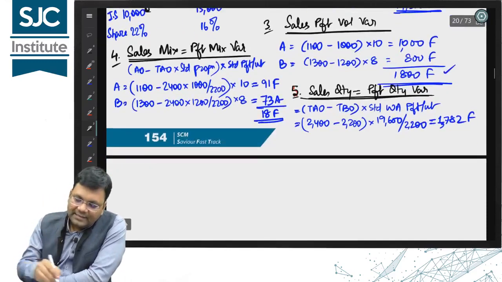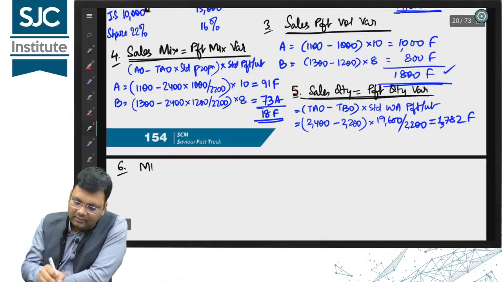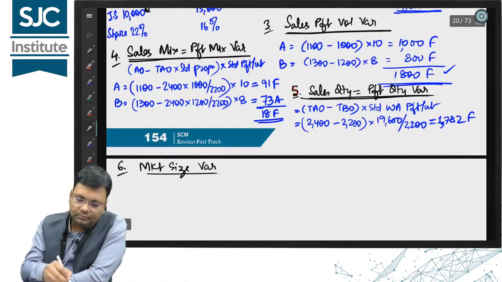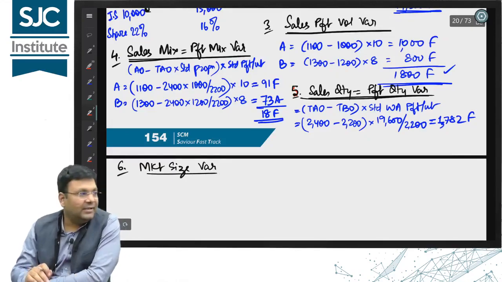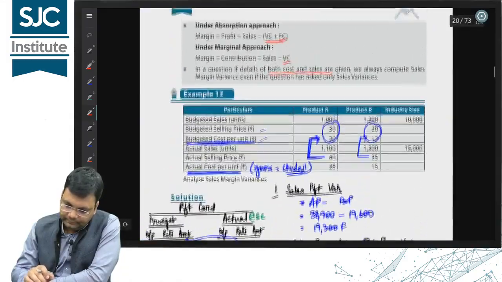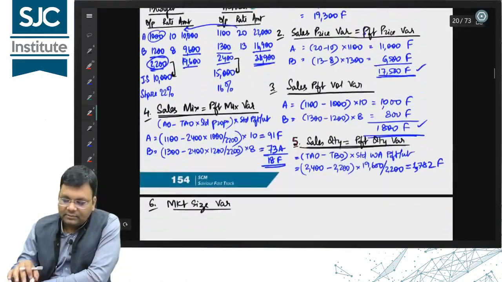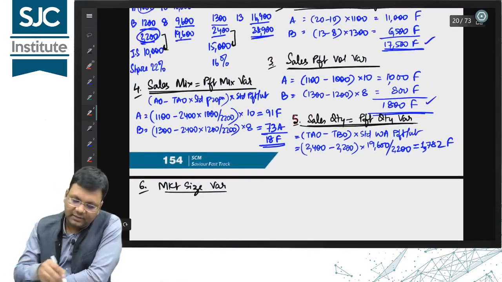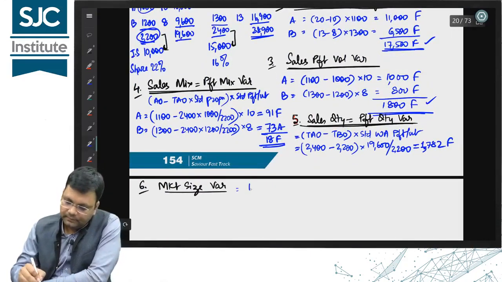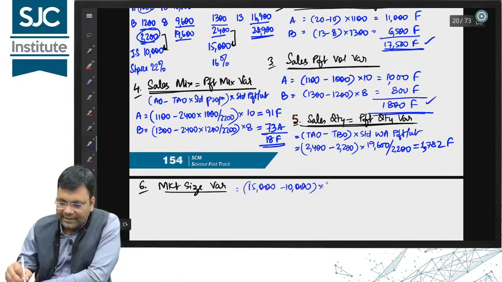So we will further analyze this into market size variance, which is due to change in industry size. From 10,000 industry size increased to 15,000. So 15,000 minus 10,000, and I cannot expect entire increase in size would be mine.